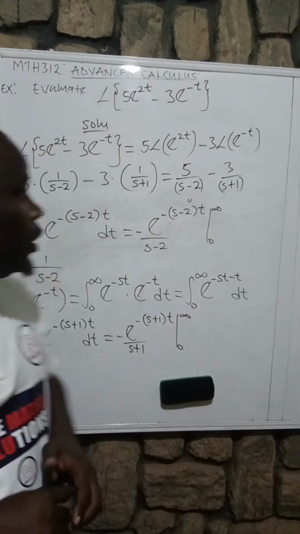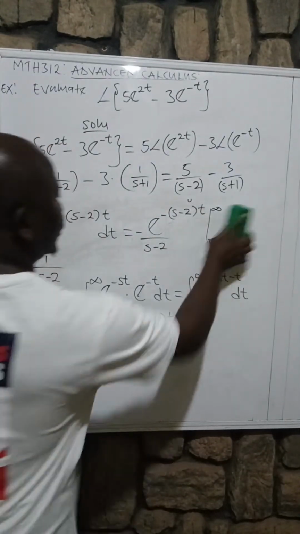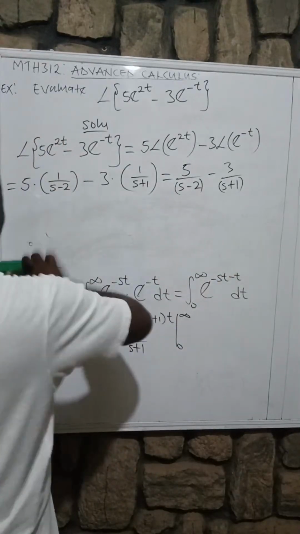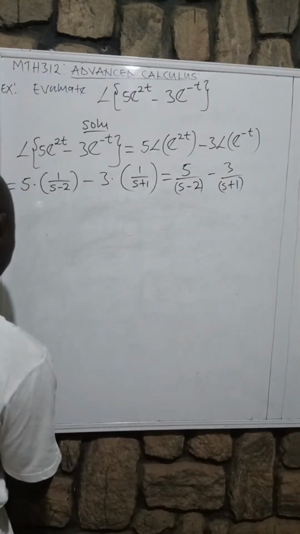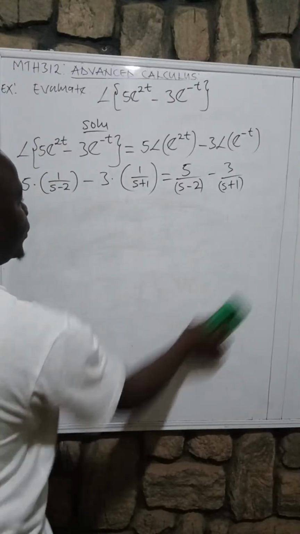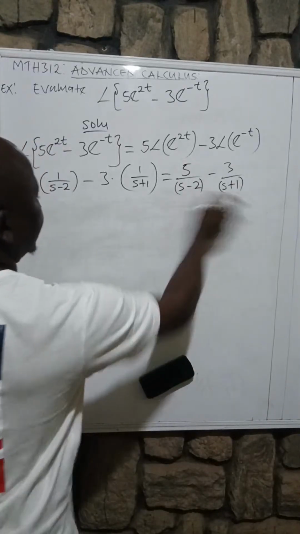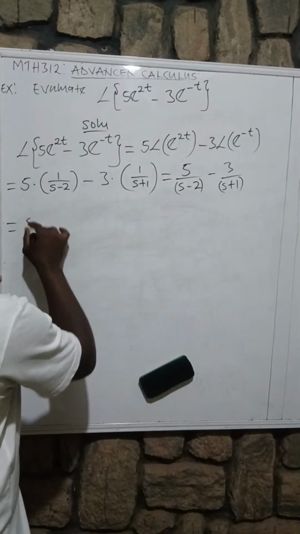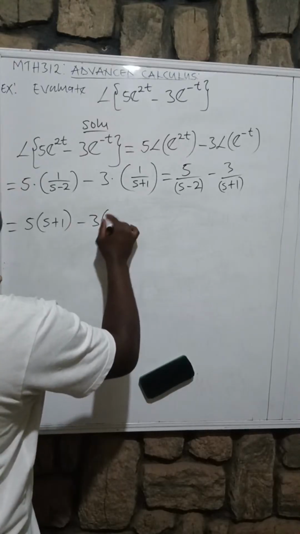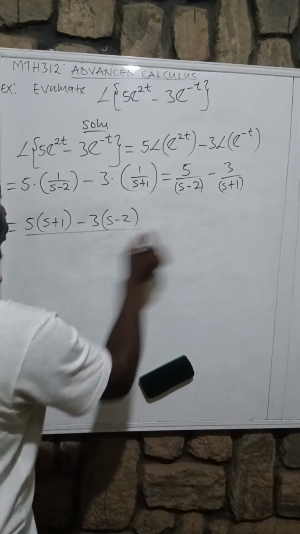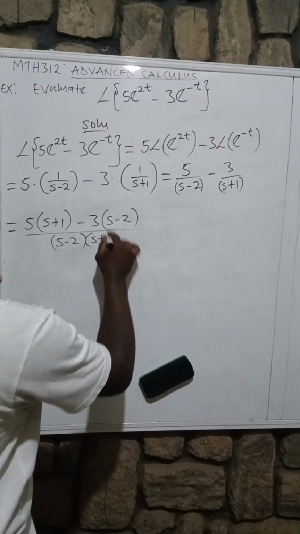But if you want to take the LCM, no problem. As simple as ABC. They will multiply each other, right? So 5 open bracket s plus 1 minus 3 open bracket s minus 2, all over s minus 2 times s plus 1.